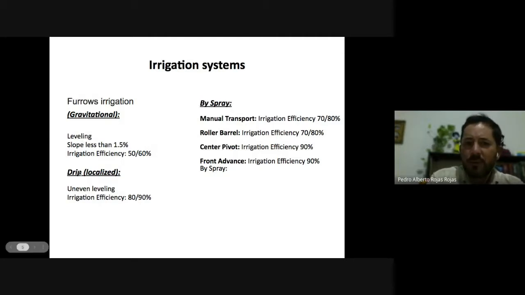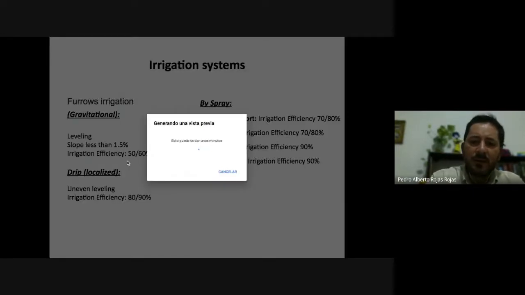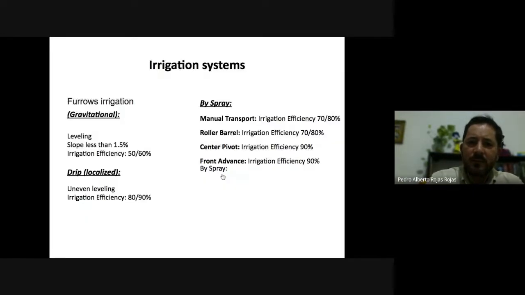Also, the slope should be less than 1.5%, and the irrigation efficiency in this system is from 50 to 60%. This is very poor, but this kind of irrigation is the easiest to apply.